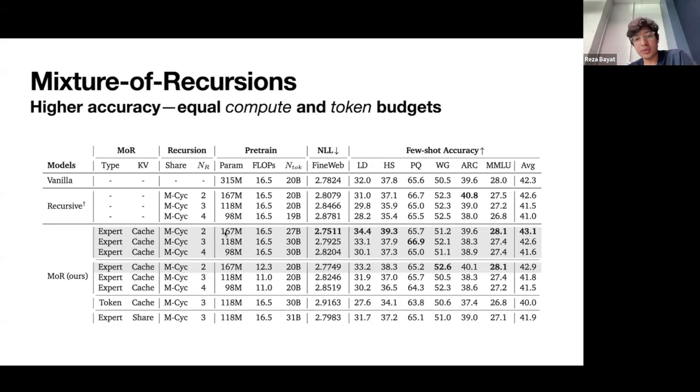Was it clear, or should I explain more? The main point is that with 3 recursions, the number of unique parameters is smaller, so the capacity of the model is limited. They said it was clear. Thank you, Reza. No worries.